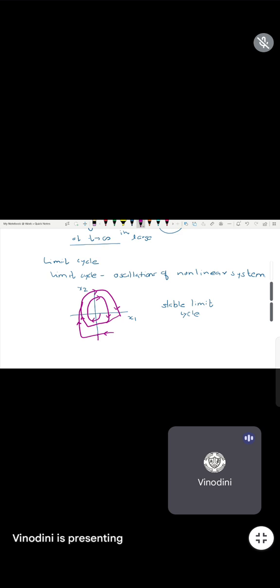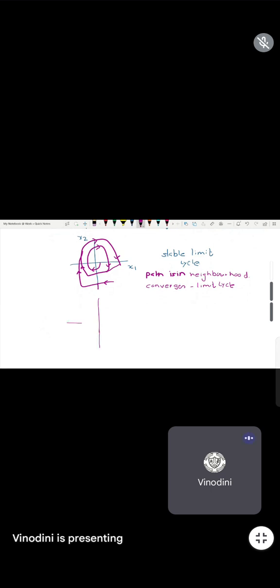Since the path is in the neighborhood, the path converges to the limit cycle.